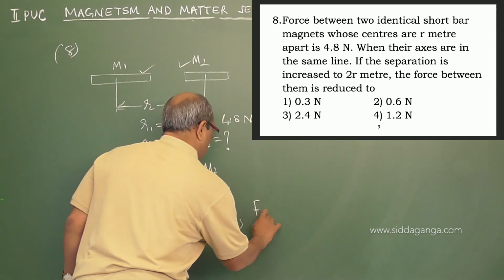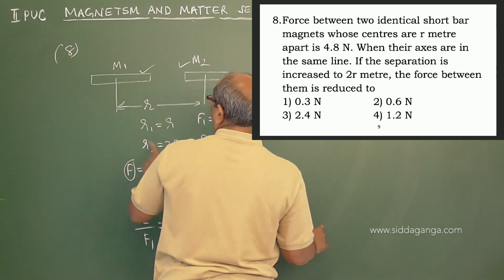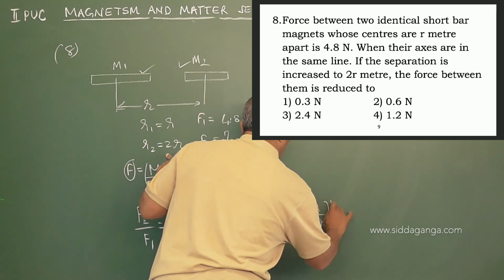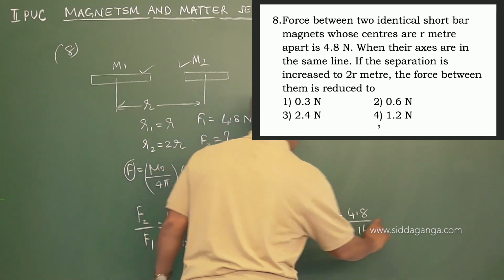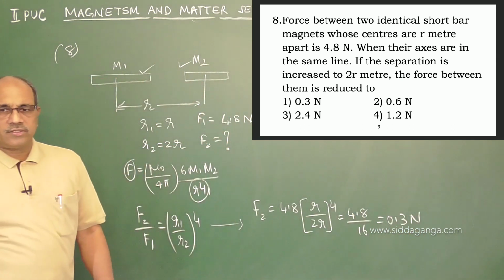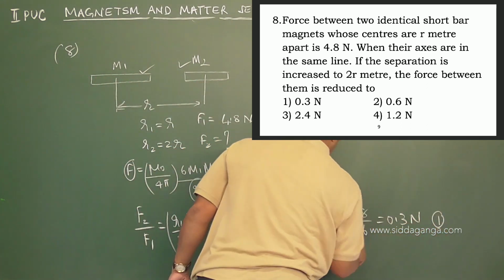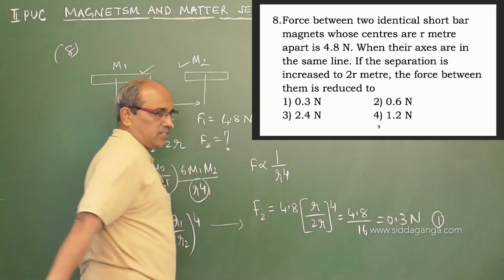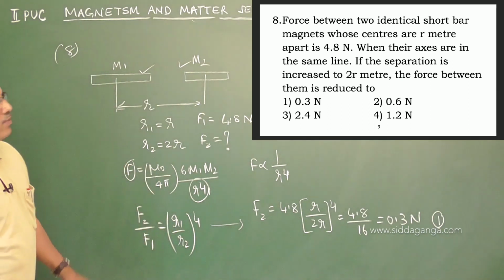This makes F2 equal to 4.8 into (r by 2r) to the power 4, which is 4.8 by 16, equal to 0.3 Newton. So the answer is 0.3 Newton, option number 1. Here the force is inversely proportional to the fourth power of the separation between the two bar magnets.